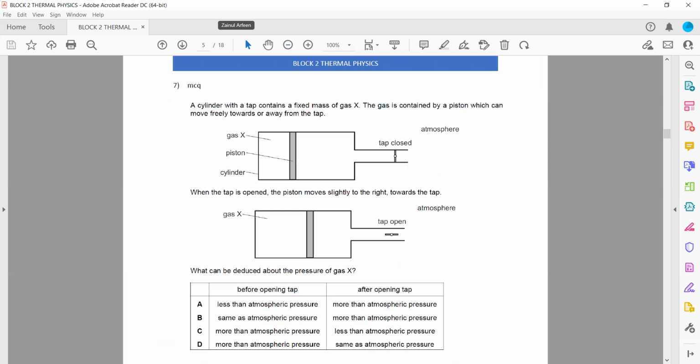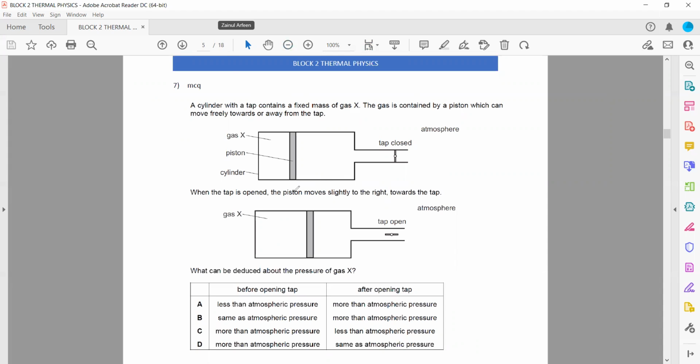In question 7, a cylinder with a tap contains a fixed mass of gas X. The gas is contained by a piston which can move freely towards and away from the tap.